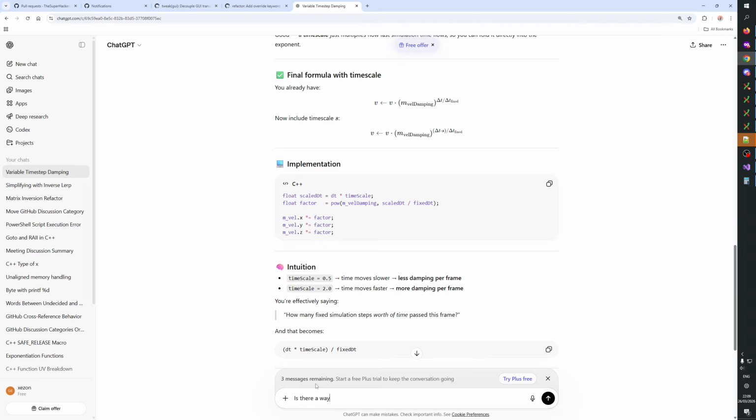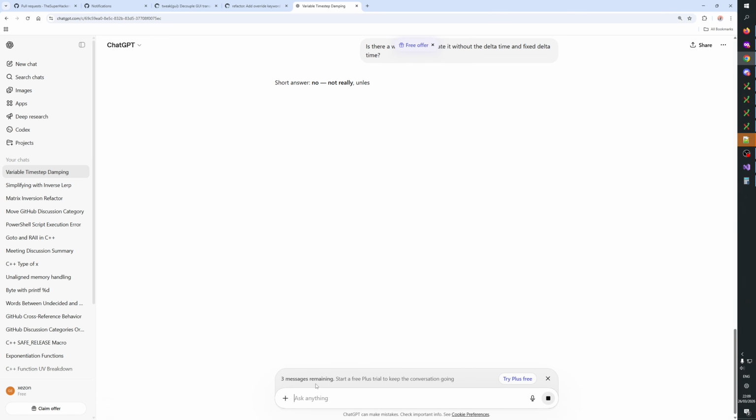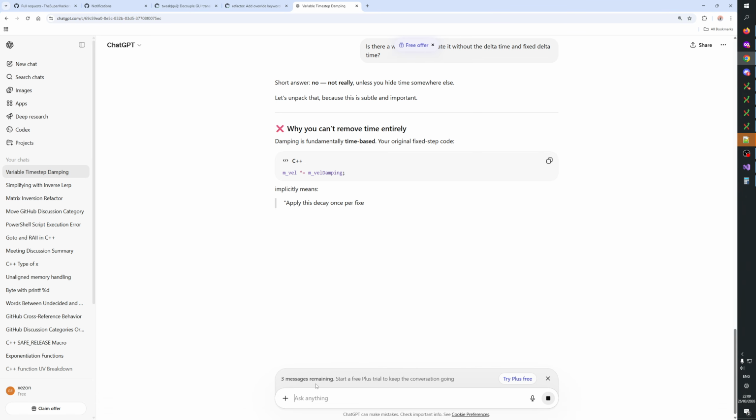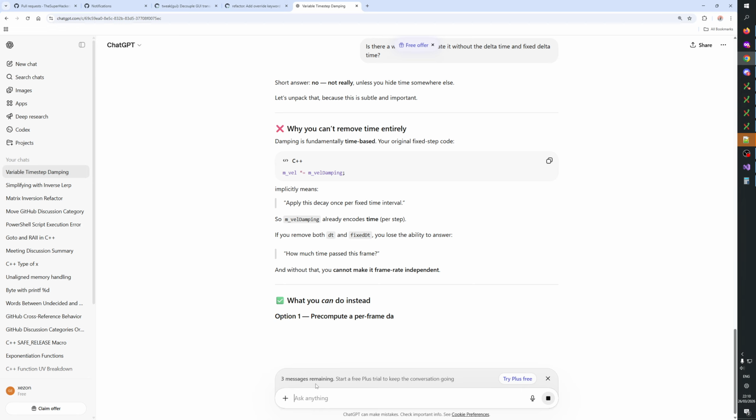Is there a way we can calculate it without the delta time and fixed delta time? No. Time based.